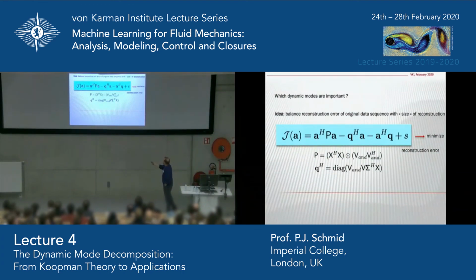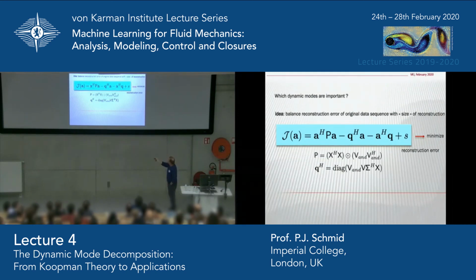We go back to our data snapshots, we have our modes, we have the time dynamics, and then we ask the question, what amplitude distribution will get us back to our original data as close as possible? So it's like a matching thing.